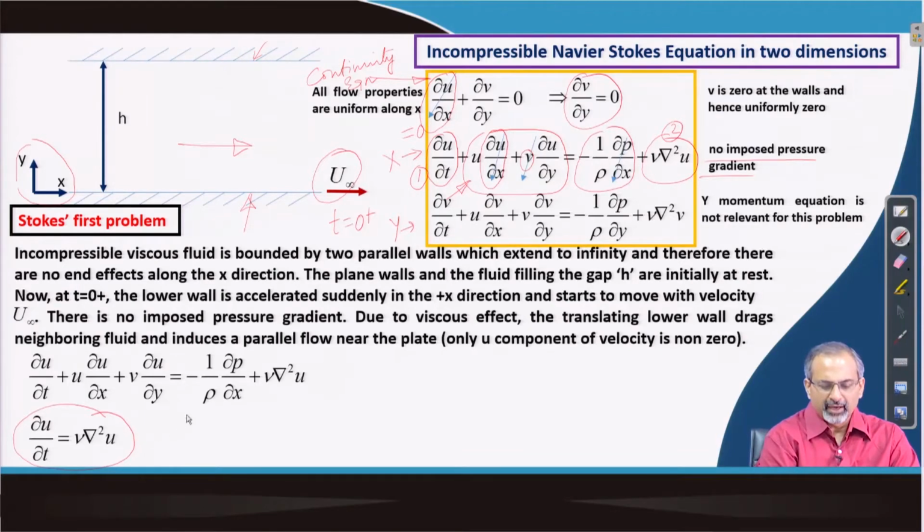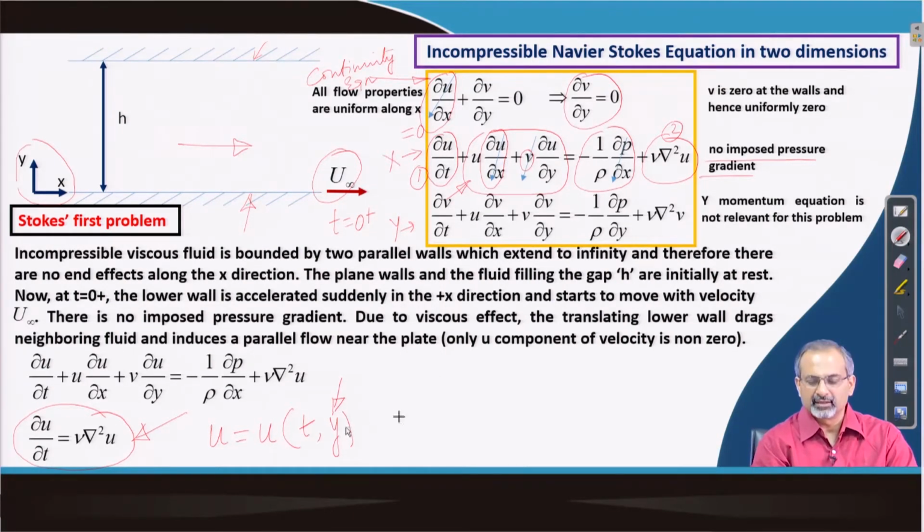So, finally, we have a governing partial differential equation which looks much simpler than the Navier Stokes equations, and from this equation it is very clear that u is a function of both space and time, and therefore, when it comes to time we write t, and as far as space is concerned there is only dependence on y because we have already discussed it cannot depend on x or z.